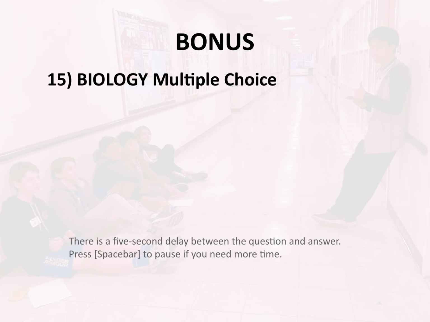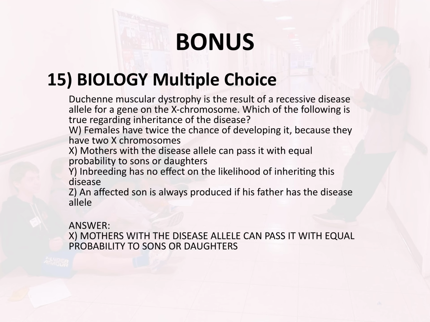Y. Inbreeding has no effect on the likelihood of inheriting this disease. Z. An affected son is always produced if his father has the disease allele. Answer: X. Mothers with the disease allele can pass it with equal probability to sons or daughters.